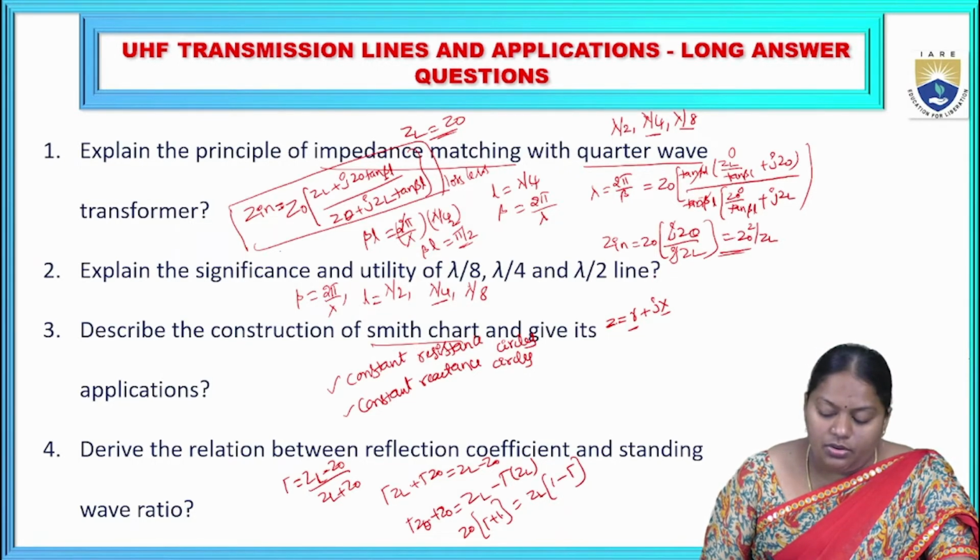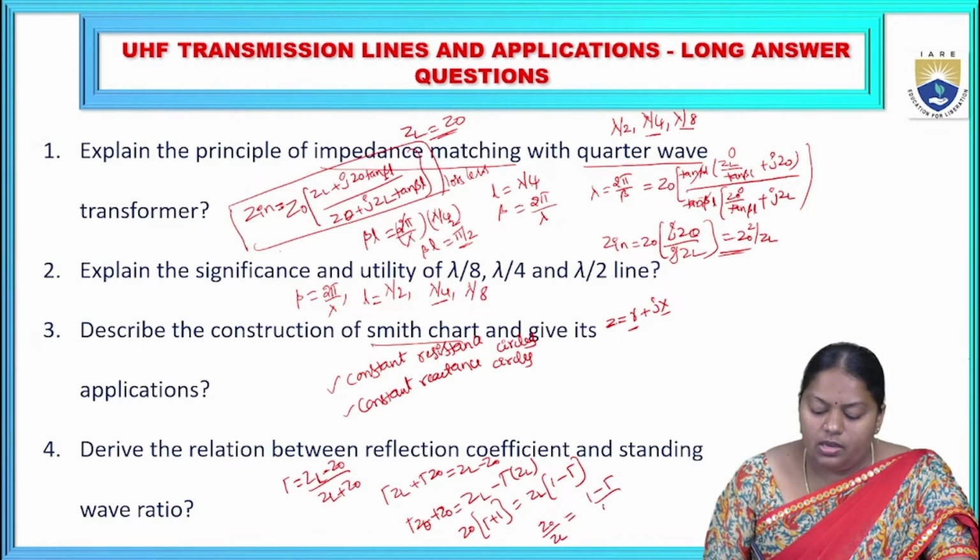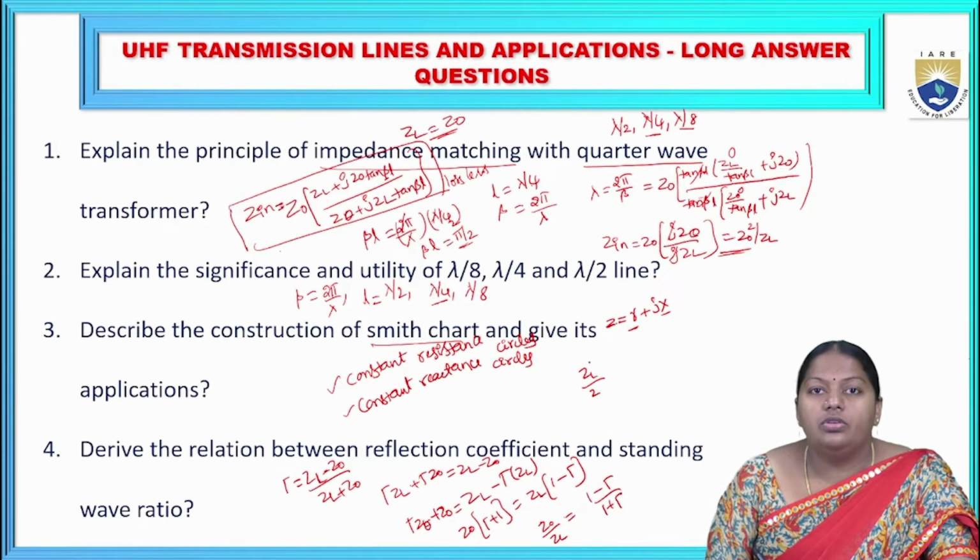So Z0 by ZL equals 1 minus gamma by 1 plus gamma, or considering the load to the characteristic impedance, ZL by Z0 equals 1 plus gamma by 1 minus gamma.